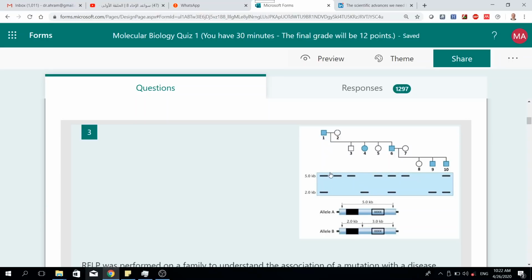So this person right here is heterozygous. Why? Because this person has allele A, 5 kilobase, and allele B, the 2 kilobase. Look at this female, homozygous, having 2 allele A chromosomes. This individual right here is homozygous as well, having allele B.